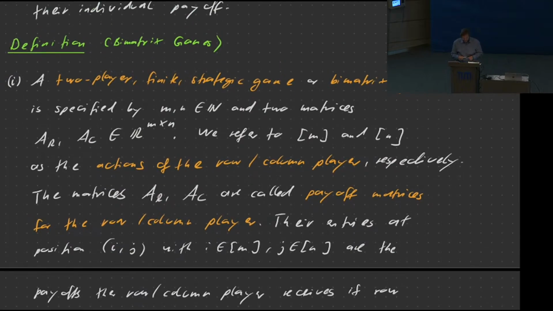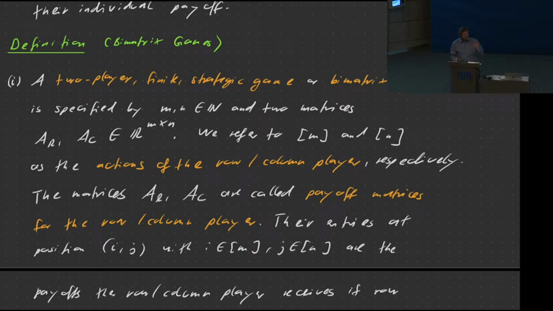Right? Formally, this is a 2-player finite strategic or non-cooperative game, or we usually use the term bimatrix game. To specify that, you need the number of strategies for all parties involved. So you have a number of strategies for row and a number of strategies for column, M and N. And you need 2 payoff matrices, and we'll usually denote those as A_R for the row player and A_C for the column player.